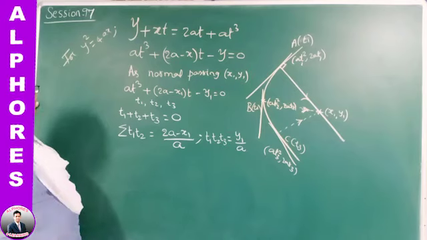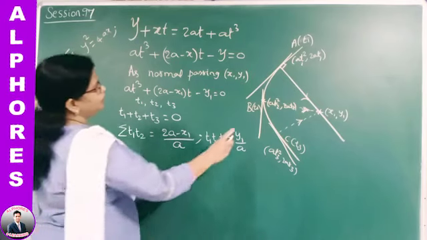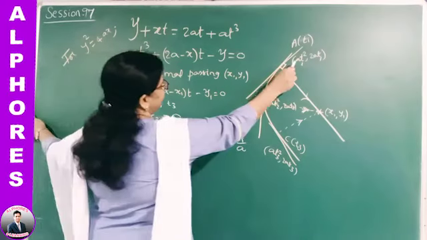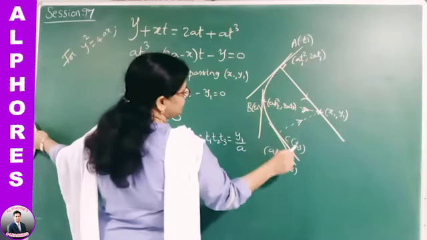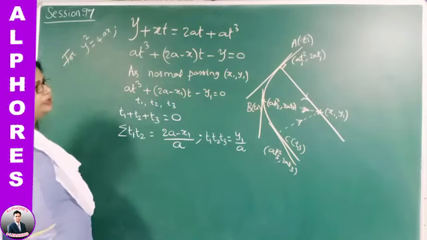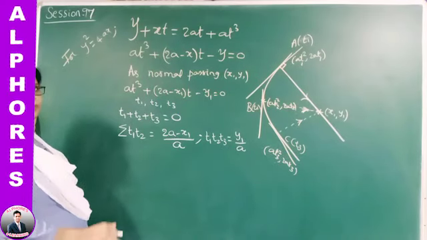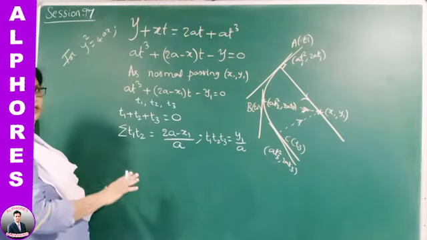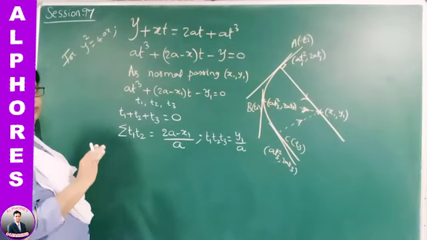Now let us observe clearly what about the points A, B, C. We wrote them as (a t1 square, 2a t1), (a t2 square, 2a t2) and C, on the parabola y square equal to 4ax. All this discussion is exclusively regarding y square equal to 4ax.